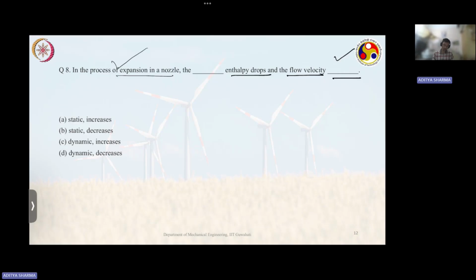And what happens to flow velocity? That you have to answer. Four options have been given: whether this is static enthalpy, whether this is dynamic enthalpy, whether the flow velocity increases, whether the flow velocity decreases.